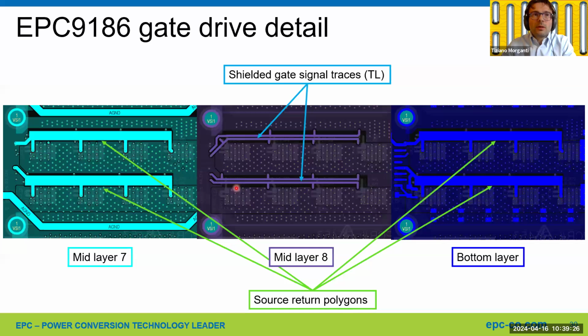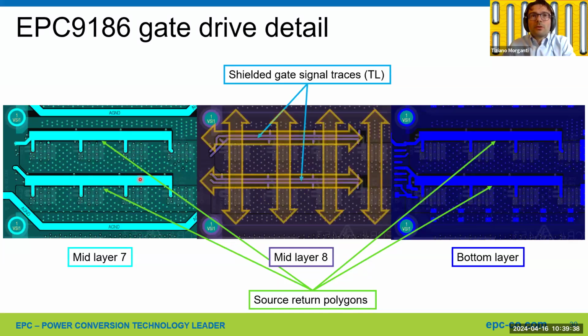and also in the mid layer 7, so the next inner layer above the gate tracks, we have replicated the gate return polygons. So to be noted that in this layout, the power loop currents are mostly going vertical, and the gate drive currents are going horizontal, and this will reduce the common source inductance.